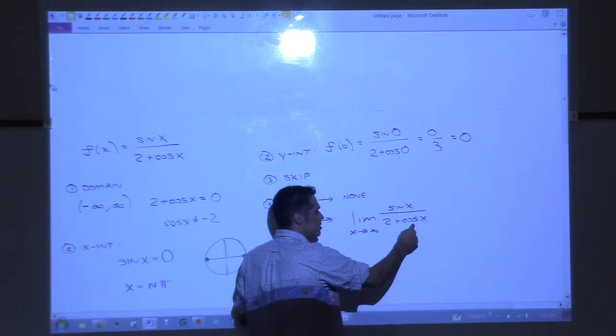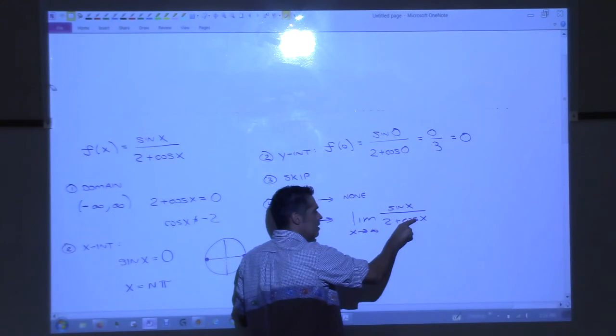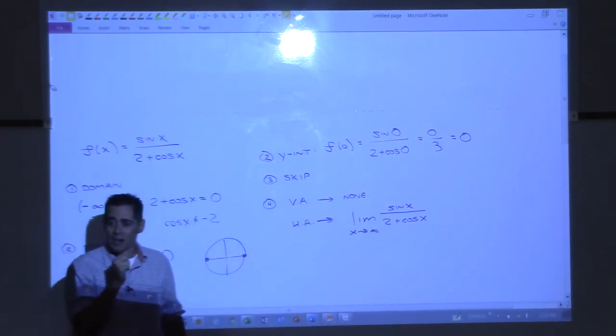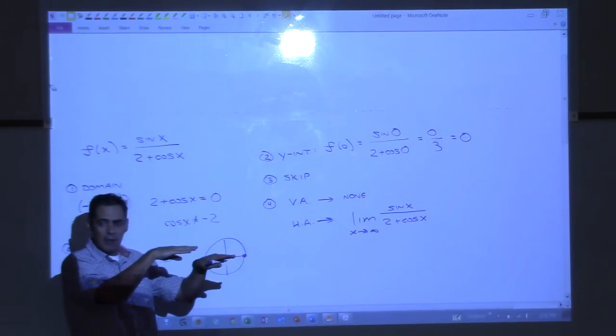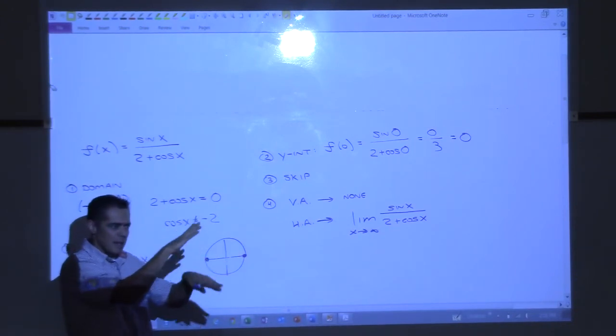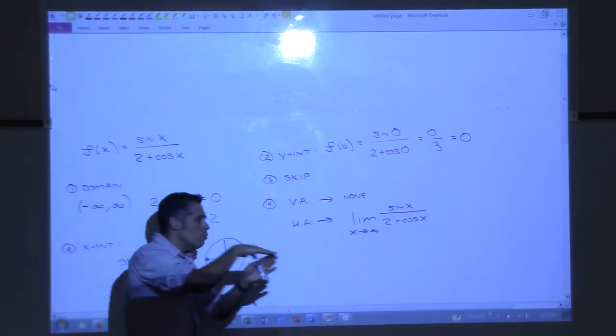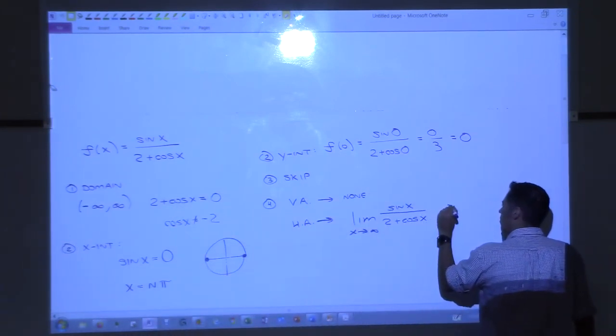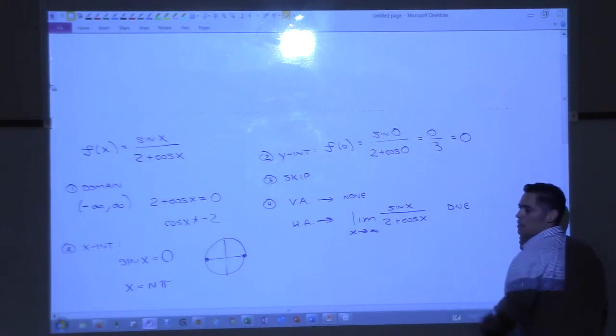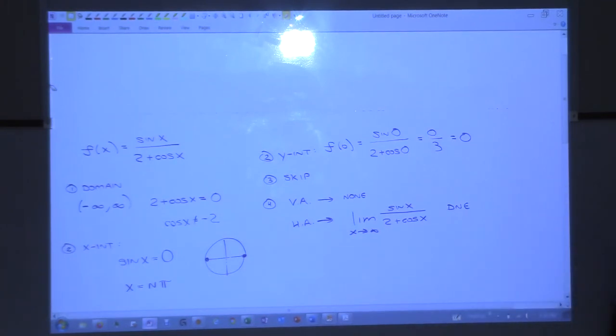It's 2 plus this, but that's oscillating too. So this limit does not exist because you're not headed to any one value. I think this is the first time we've ever had this. Limit doesn't exist, and because of that, we don't have a horizontal asymptote.